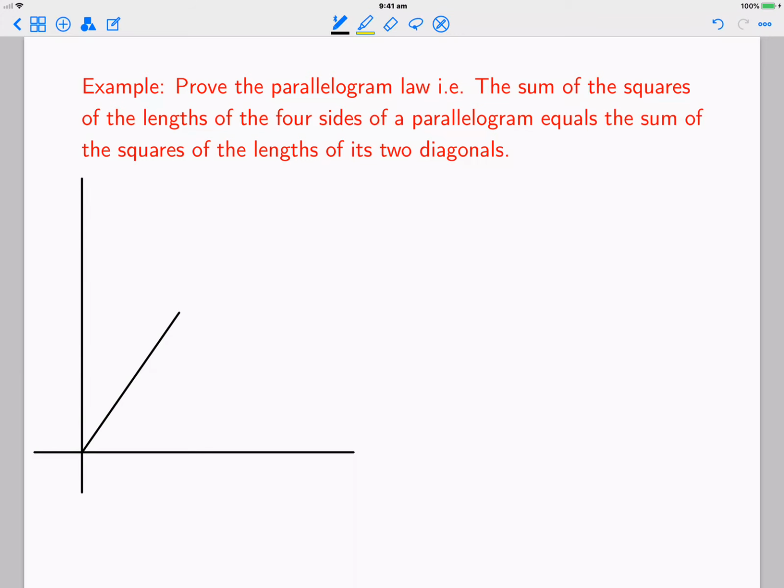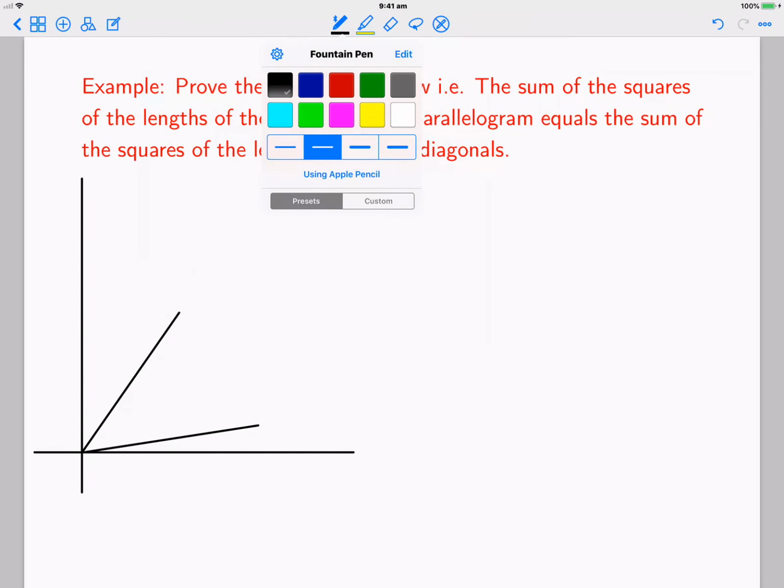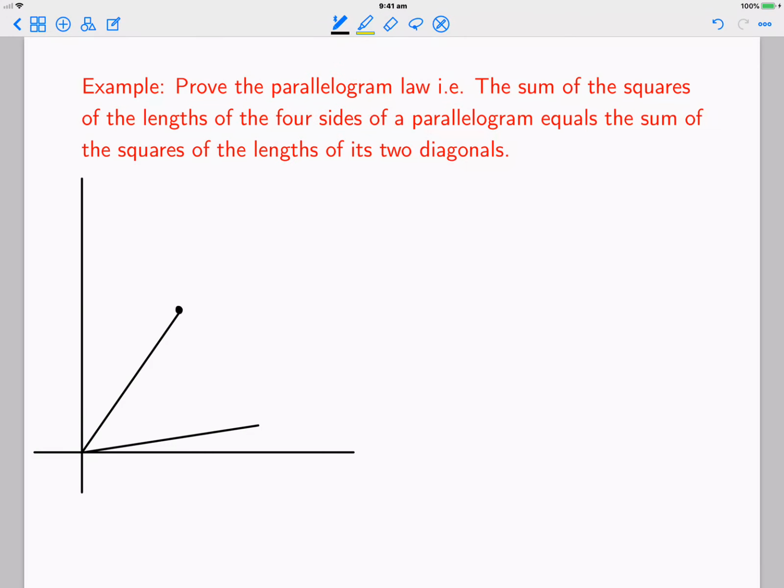Let's say this represents Z and this represents W. I mentioned that when you add Z and W, it works like vector addition. So Z plus W would be here, and so I get a parallelogram. This side is parallel to this one, and this one is parallel to this one.